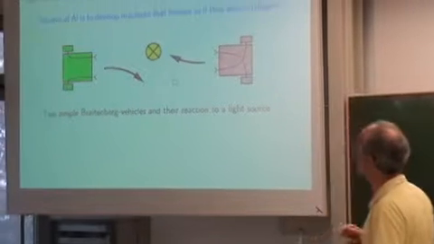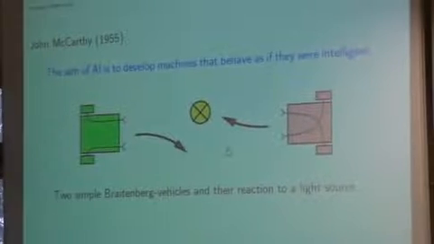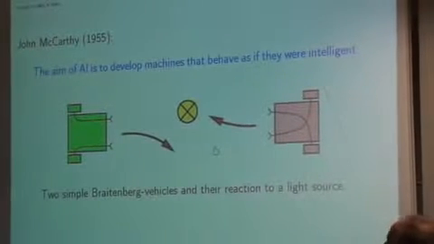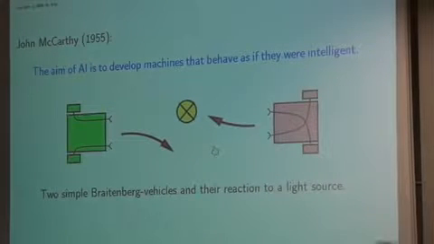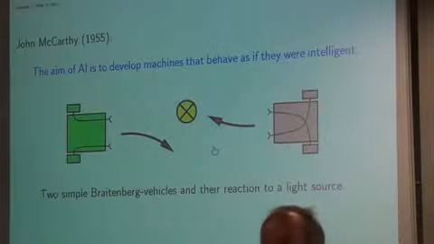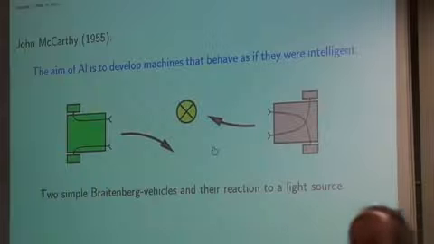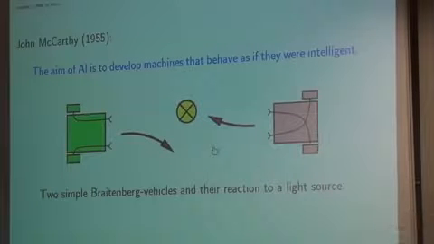So now let's talk about what is intelligence. I will now give you a number of different definitions. So John McCarthy, in 1955, this was actually the birthday of AI. It was in 55 or 56 in, of course, the United States. And John McCarthy was one of the leading scientists who helped AI getting into this world.